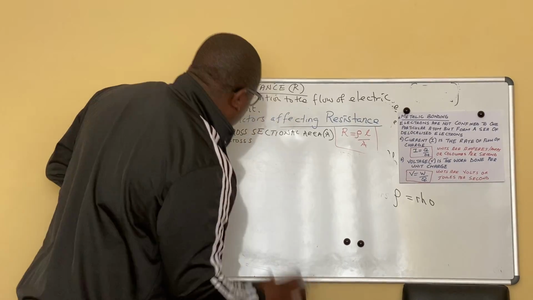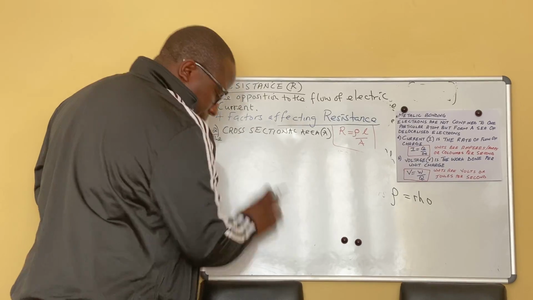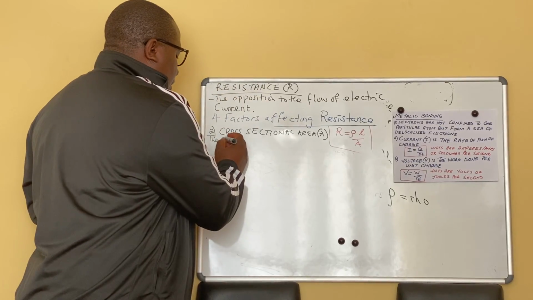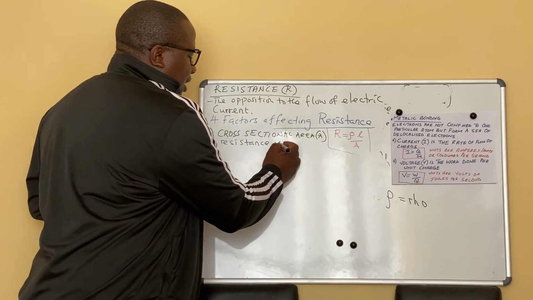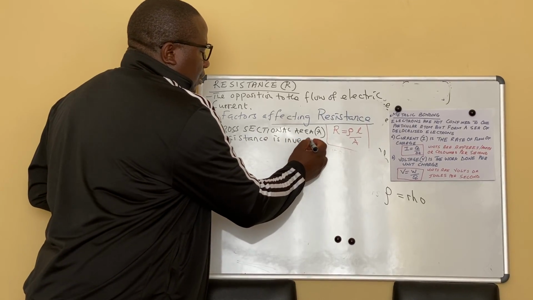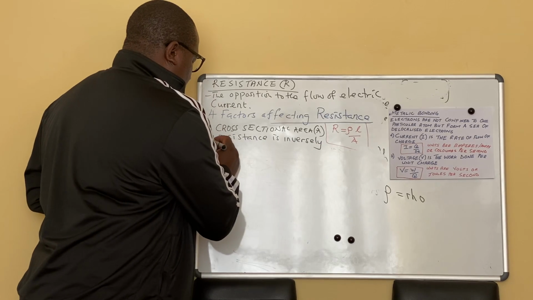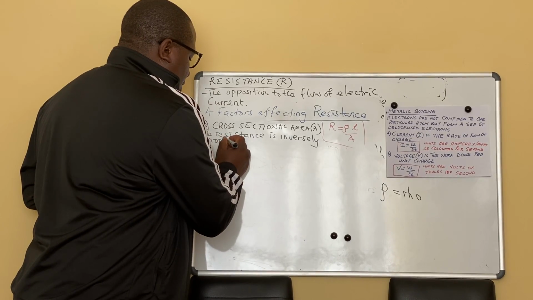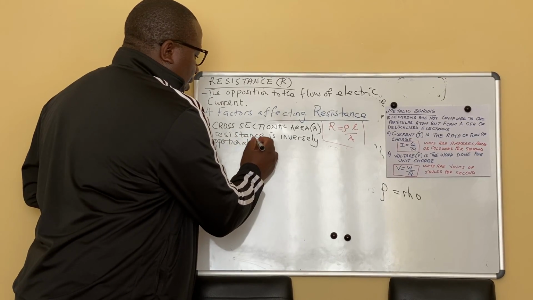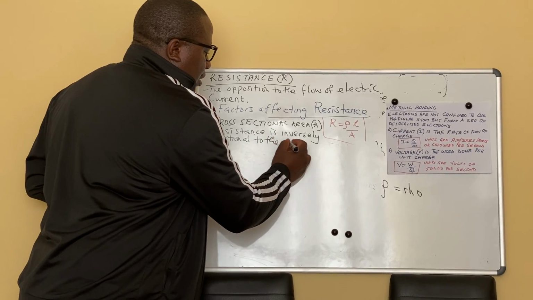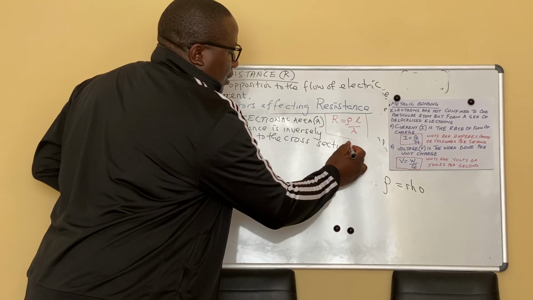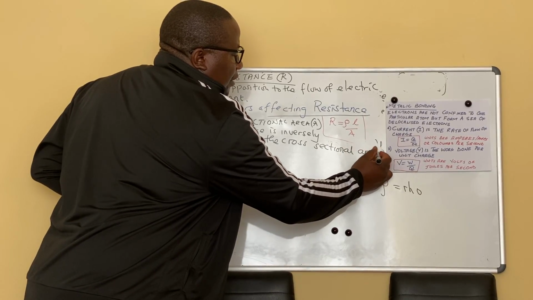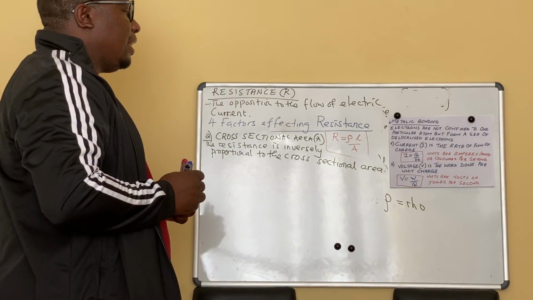The resistance is inversely proportional to the cross-sectional area.